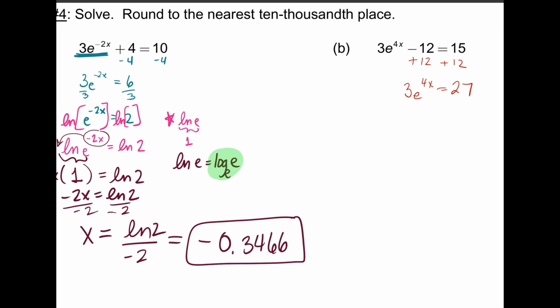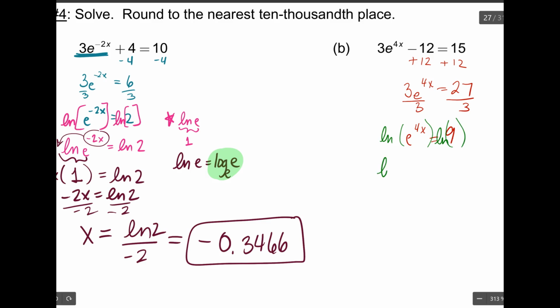All right, Miles, what do you think we should do next? Divide by 3. E to the 4x equals 9. Okay, I want to solve for x. I want to solve for my exponent. Get rid of my base e. So take ln of both sides.